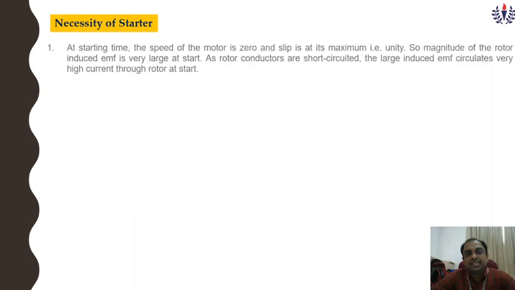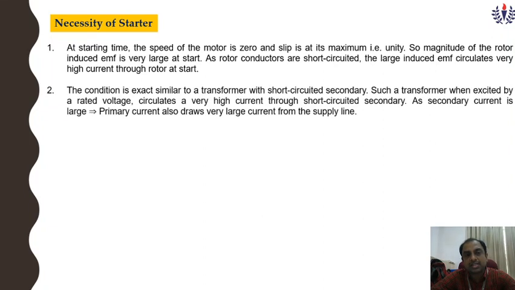What is the necessity of starters? At starting time, the speed of the motor is 0 and the slip is at maximum, that is unity. So the magnitude of the rotor induced EMF is very large at start. As the rotor conductors are short circuited, the large induced EMF circulates very high current through the rotor at start.